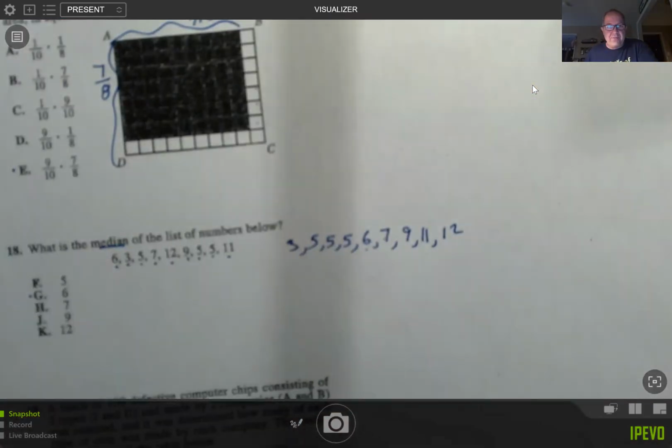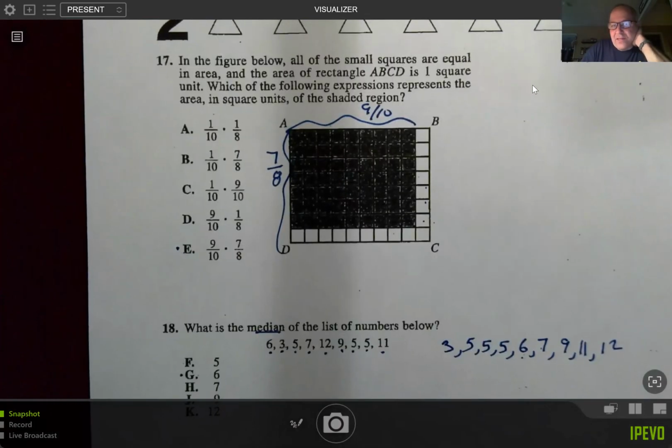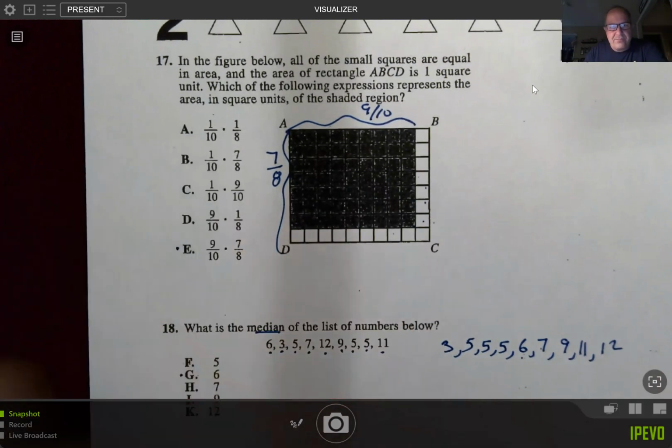Okay, 17. Apologize for the copy on this. It was a little better on the ACT booklet that we had originally. Kind of a weird question. ACT ran, I think, 2 or 3 years where they had a question just like this on their test. Well, if we glance at the answers, we'll notice there's fractions here. Well, what fraction is shaded?